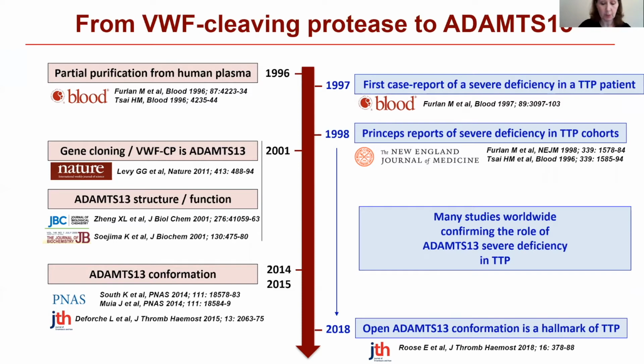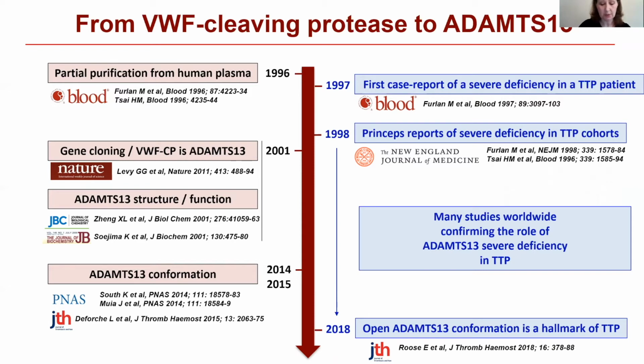The first case reporting a severe deficiency of ADAMTS13 in a TTP patient was published in 1997 by the Swiss group of Holland and Lämmle. One year later, the two seminal studies led on a large number of patients and showing that TTP was linked to a severe deficiency of ADAMTS13 were published by the same Swiss group and the American group of Tsai.